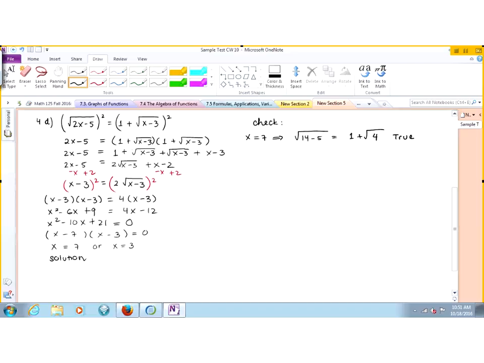So yes, 7 is a solution. x equals 3. So square root of 1. Oh, this is going to be false. Oh, probably true also. 1 plus square root of 0. So when you substitute 3 here, 2 times 3 minus 5 is 1. It's true also. So 3 is also a solution.